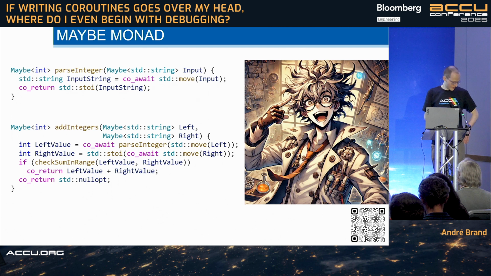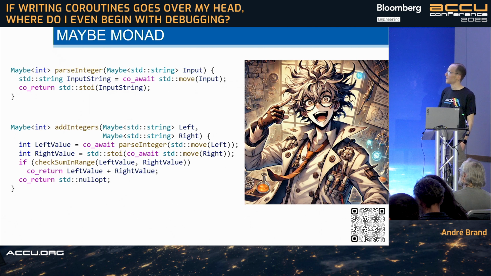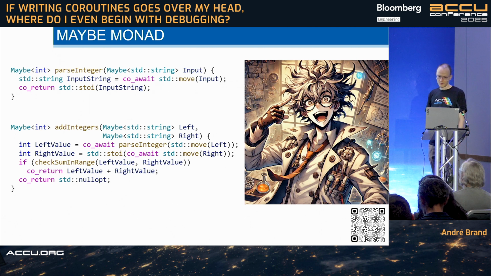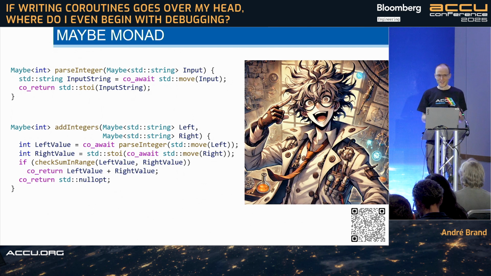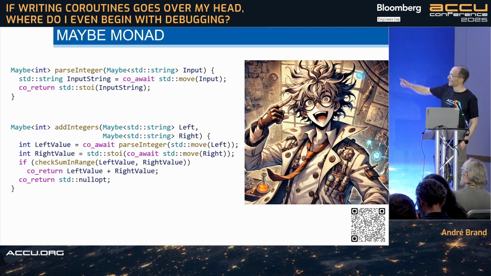Yeah, I refer to this as a monad, because it's kind of interesting to recognize that all the monadic operations are deducible from a coroutine return type template that has here the integer argument, for example, in the first function, that allows you to co_return a value of the template parameter.